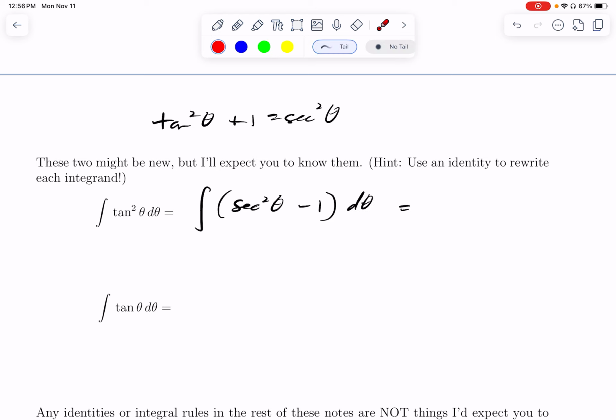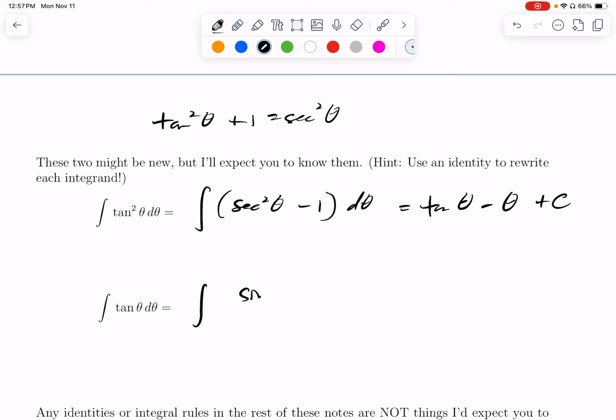And we know the antiderivative of secant squared is tangent. We know the antiderivative of 1 is theta, and there we go. So this one's quite easy if you just remember to make a substitution. Just have that in the back of your mind. Tangent squared and secant squared, we can substitute one for the other. Same with sine squared and cosine squared.